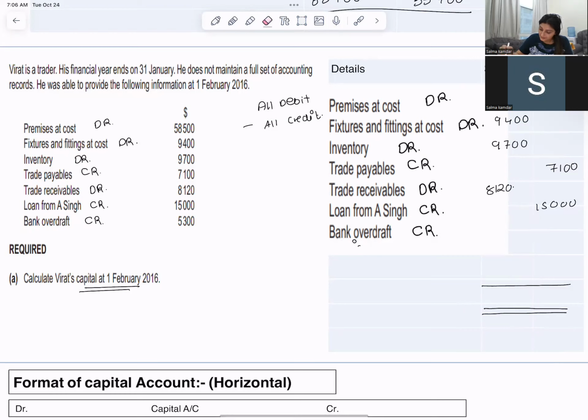Bank overdraft is 5,300. I need to find out capital.